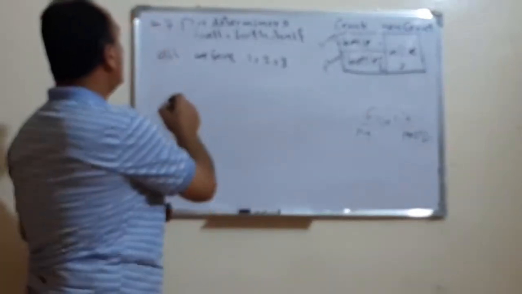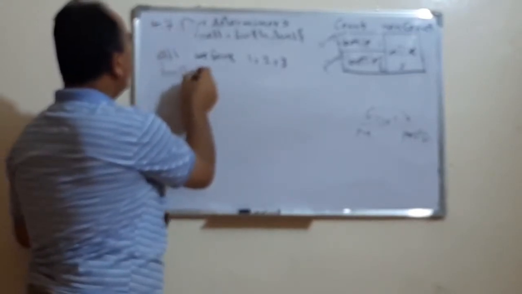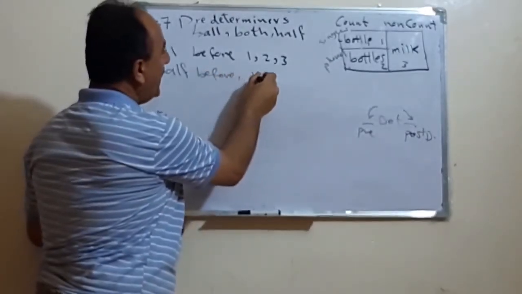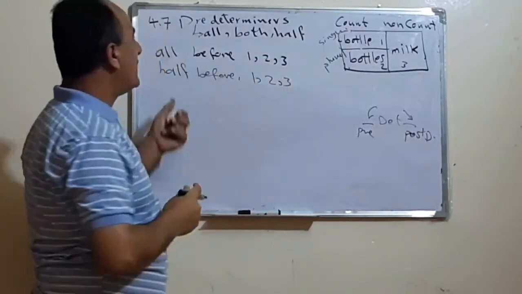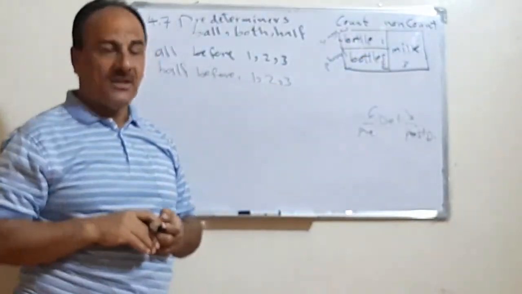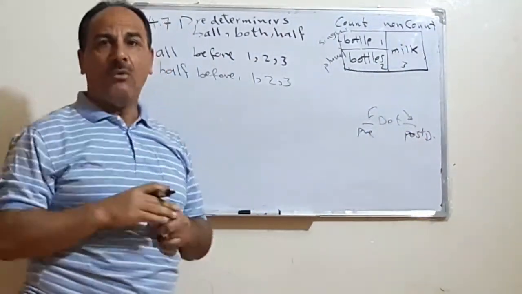If we come to half, again it can be used before 1, 2, and 3. Say, half the bottle was drunk. Half the door or half the room was painted.